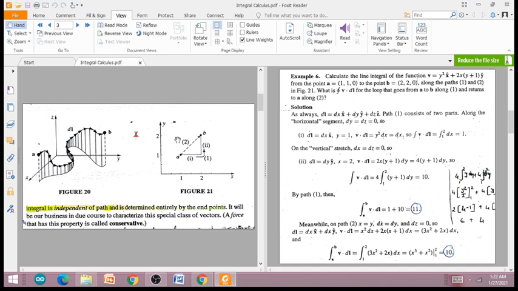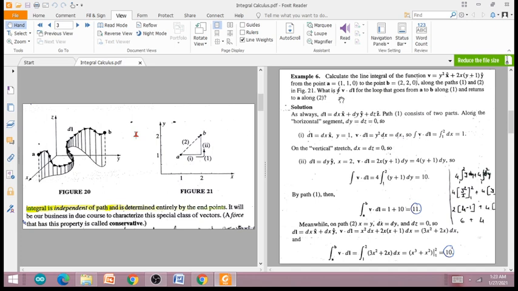B point is 2, 2. From the graph also you can point it out: this is 2 and this is also 2, and this is 1 and this is 1. Okay, and then along paths 1 and 2 using figure 21, so this is this.